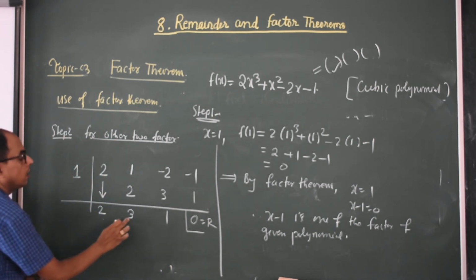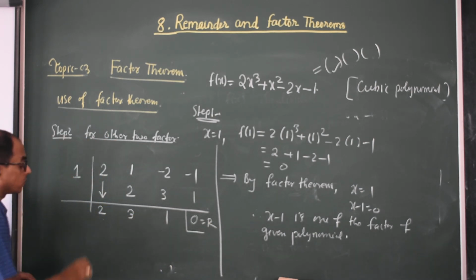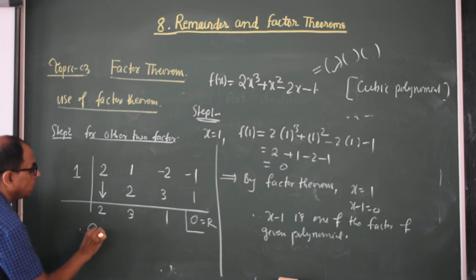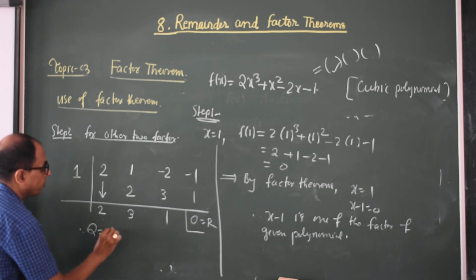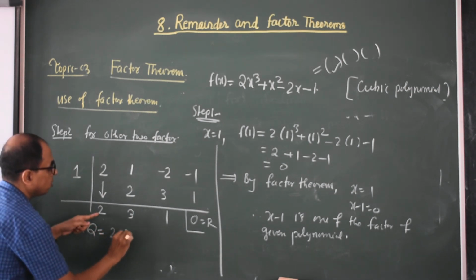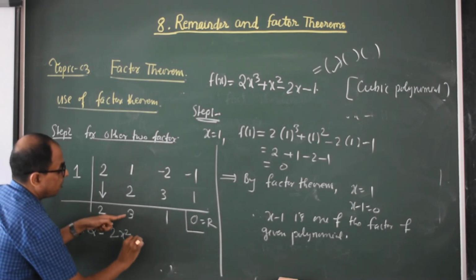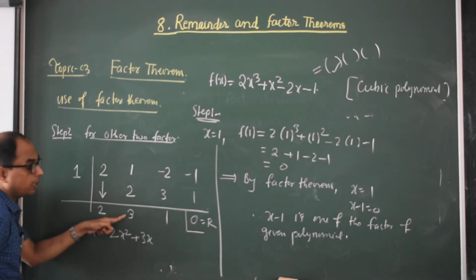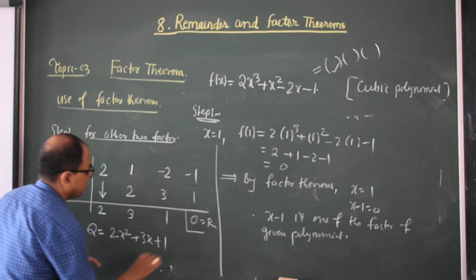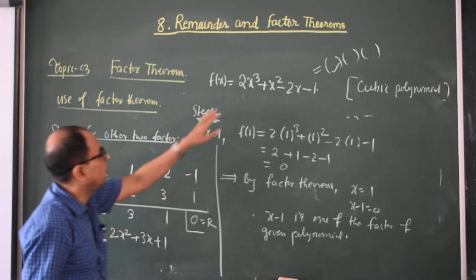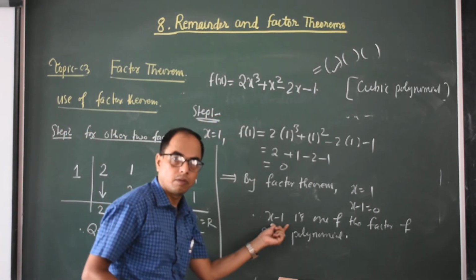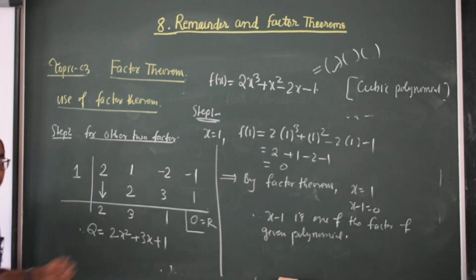So the first three numbers represent the coefficients of the quotient. So the value of the quotient is 2x squared plus 3x plus 1, the coefficient of x squared, coefficient of x, and the constant term. So after dividing this polynomial by the factor x minus 1, we will get this quotient.